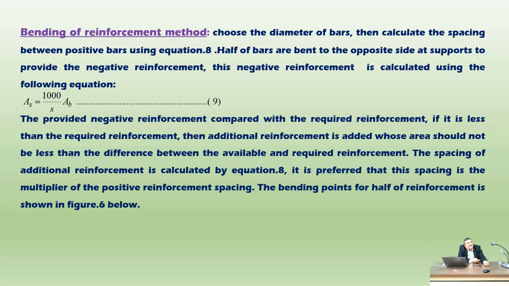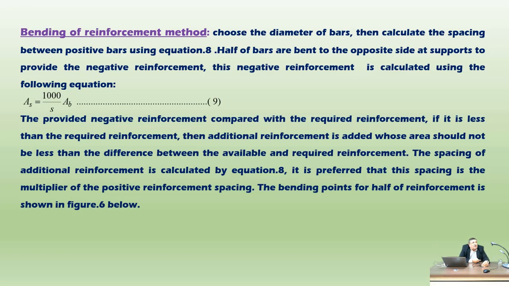Equation number 9. The provided negative reinforcement is compared with the required reinforcement. If it is less than the required reinforcement, then additional reinforcement is added whose area should not be less than the difference between the available and the required reinforcement.